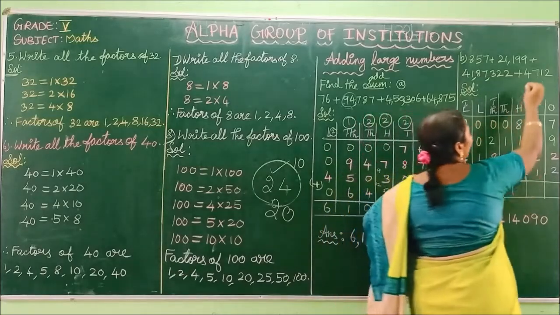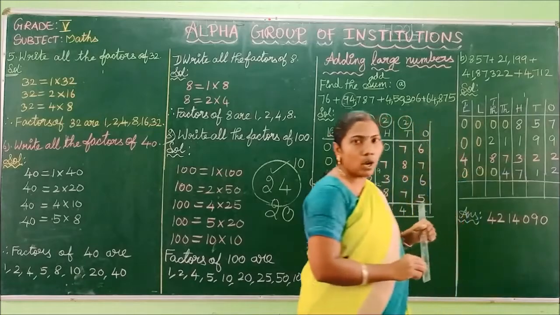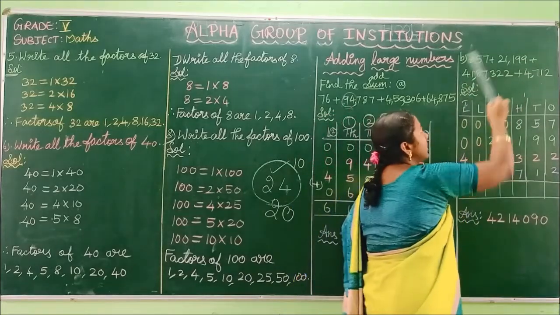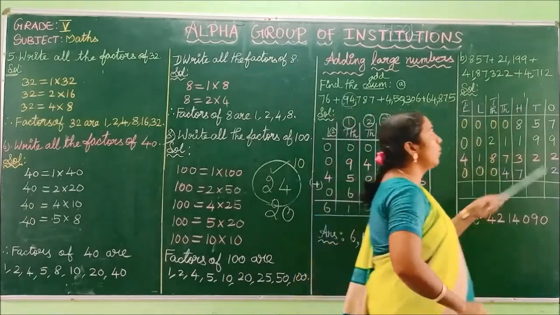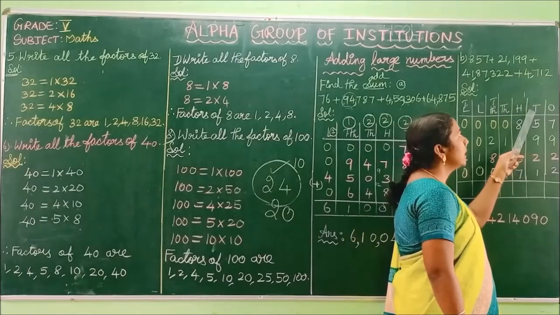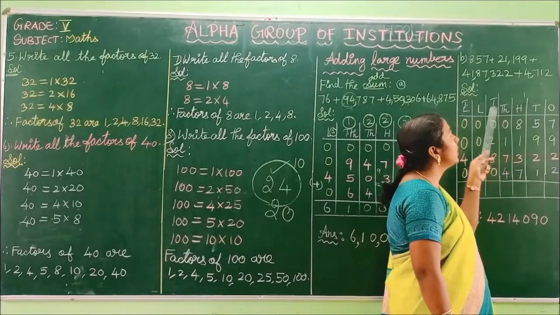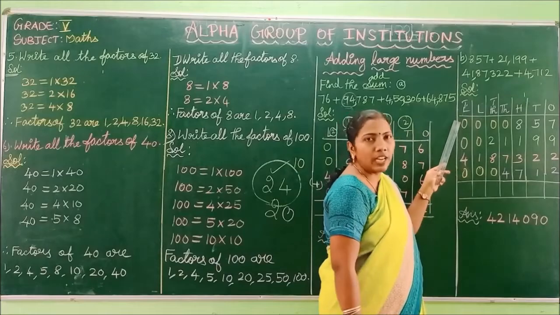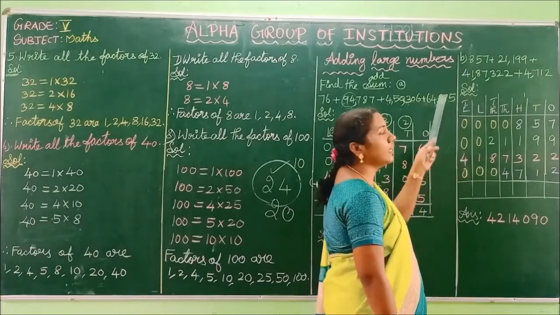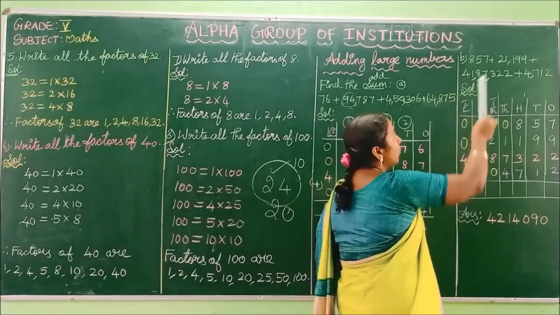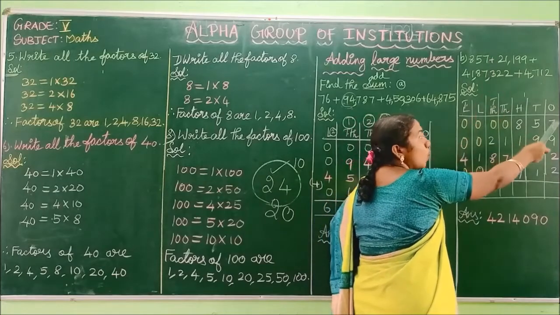You have to add these numbers. Okay. Once again, you have to write the base values: ones, tens, hundred, thousand, 10,000, lakh, 10 lakh. Okay. Next, we are going to arrange this number. First, you have to write this number 7 in the ones place.